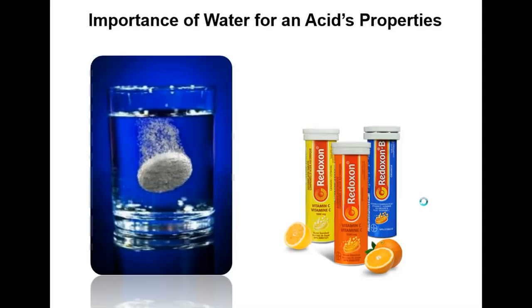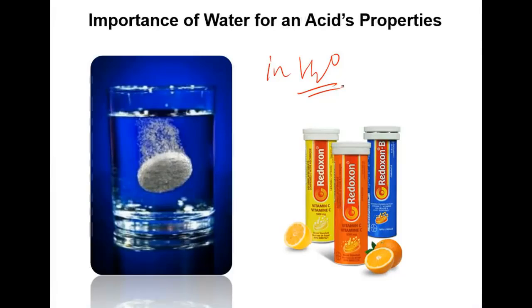Okay, now we move on to this very important area on water being required for the properties of an acid. If you recall the definition from earlier, the acid must dissociate to give us H plus ions in water. So H plus ions only exist in the presence of water. Without water, you have no H plus ions. No H plus ions, you cannot have an acid.